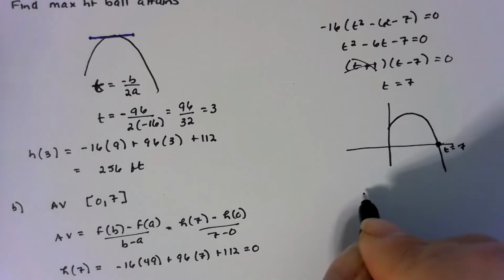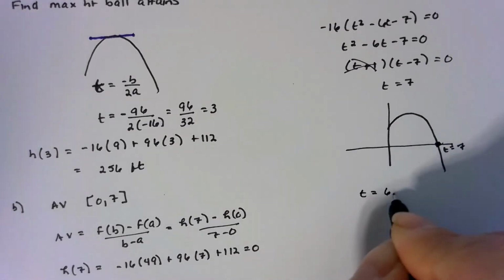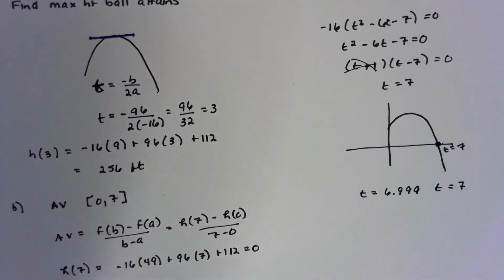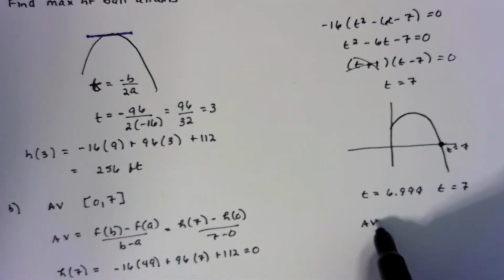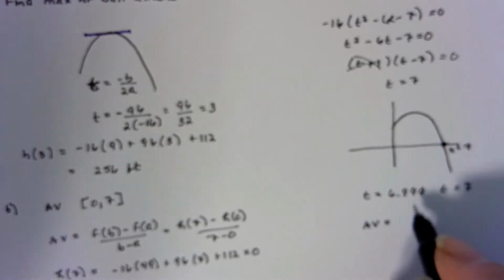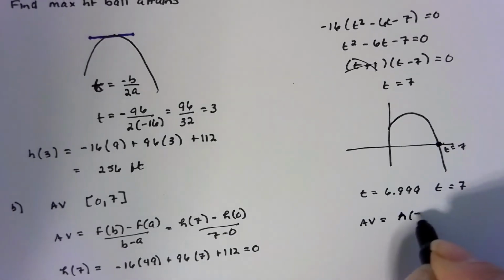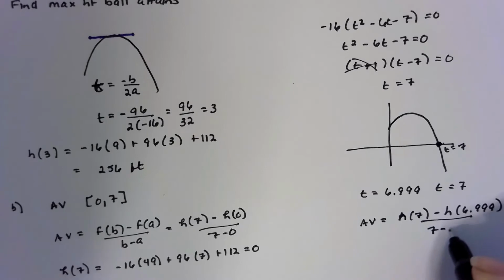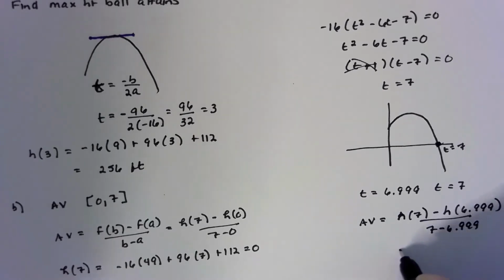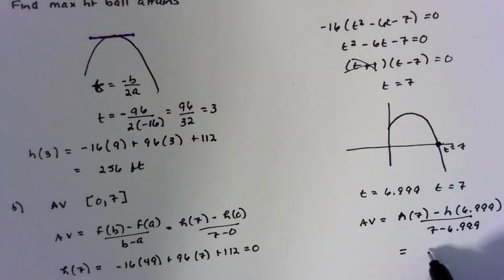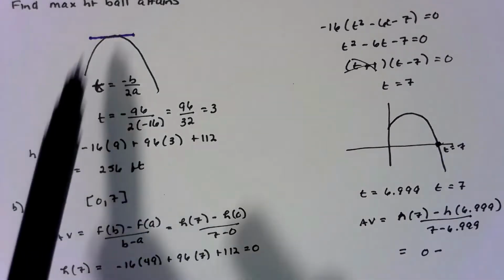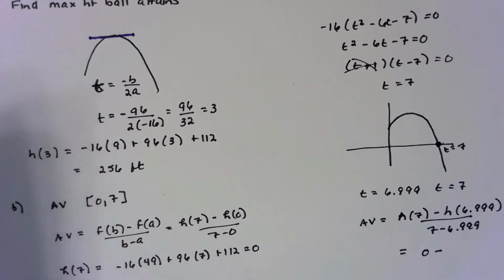So how about t equals 6.999 to t equals 7. The average velocity in this case is going to be h of 7 minus h of 6.999 all over 7 minus 6.999. Well, h of 7 is 0, right? I mean, we can see that, but we could plug the 7 into the function too and see it as well.